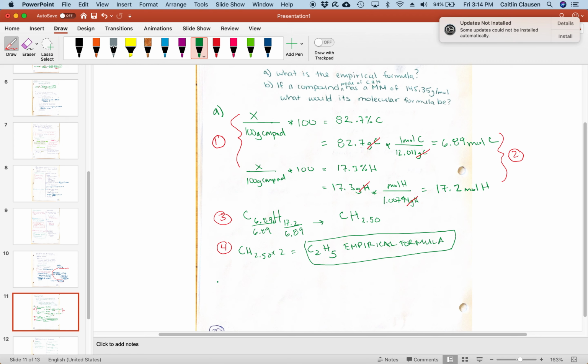Part B asks, so we have to use the empirical formula that we're given, and if we have a compound that has some number of carbons and some number of hydrogens with a molar mass of 145.35 grams per mole. We also have our empirical formula, so I know I have to do this divided by the empirical formula molar mass, which we have to calculate.